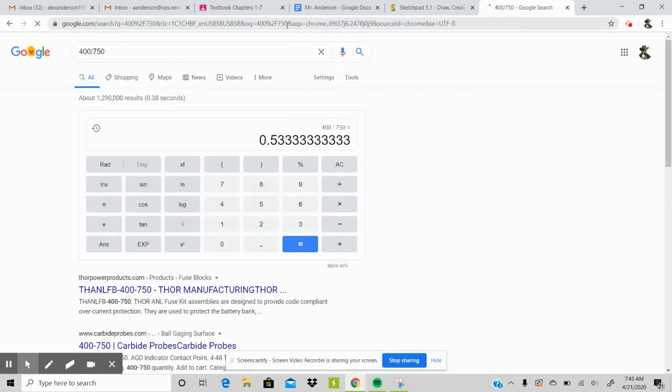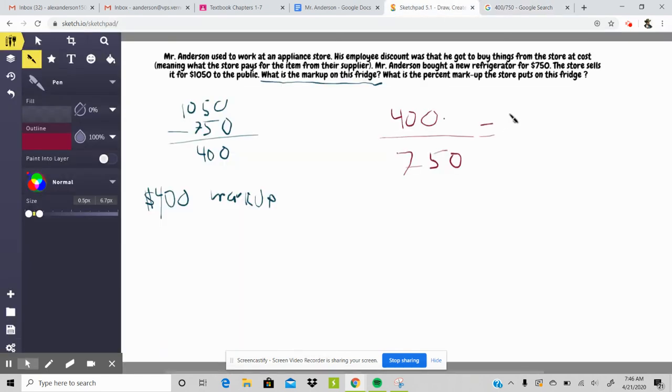It's not terrible, but 0.53. Since we're dealing with a percent increase, I'm just going to round it off to two decimal places, so I should use the roughly equal sign because I'm rounding it off.